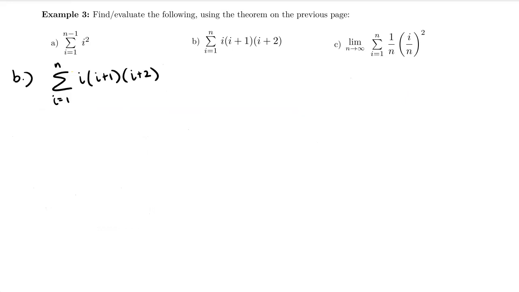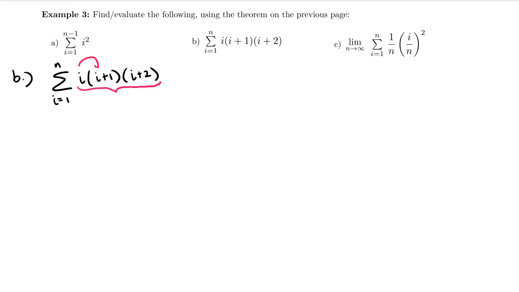All right, so part B wants us to simplify the summation starting from I equals 1 to n of I times I plus 1 times I plus 2. Before we move any further, we want to multiply out this thing so that we get a polynomial in standard form.